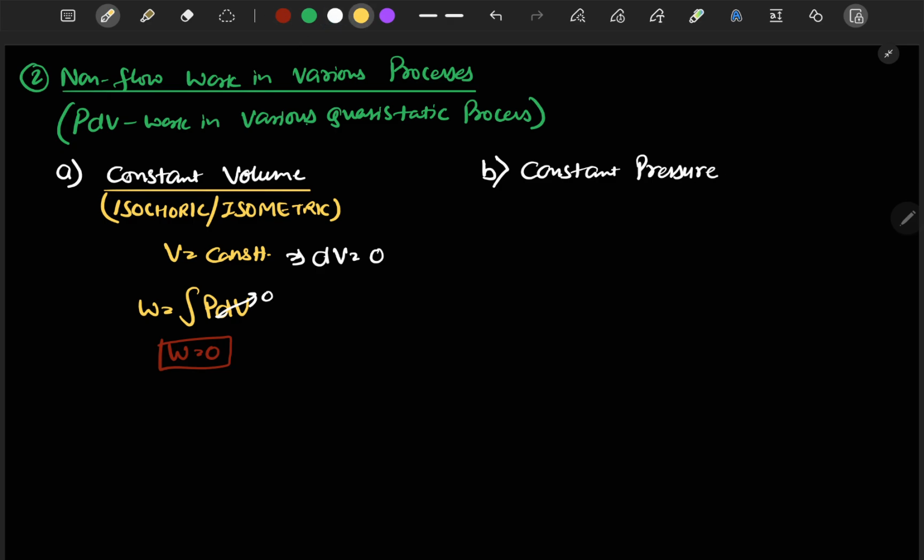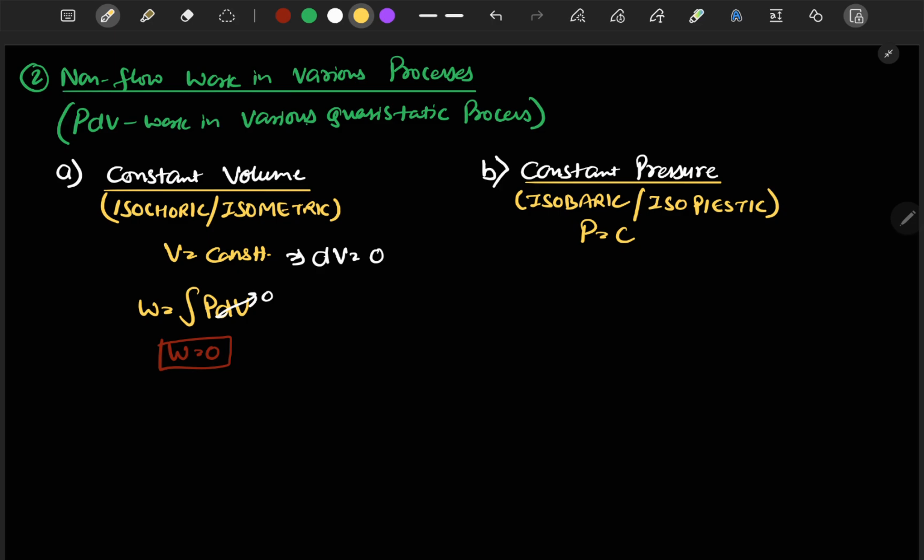We also call a constant pressure process isobaric or isopiestic. In an isobaric process, the pressure is equal to constant.